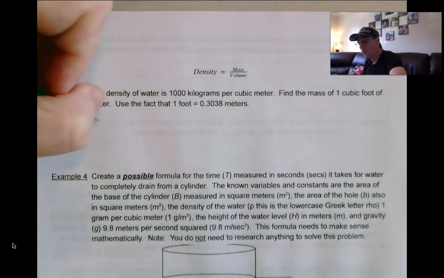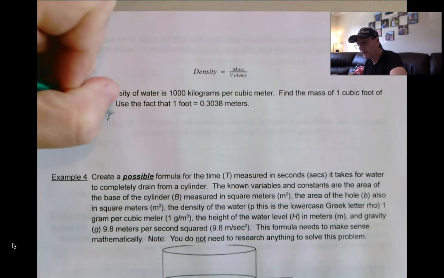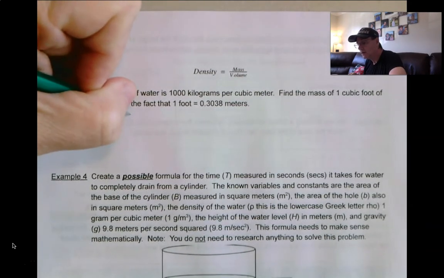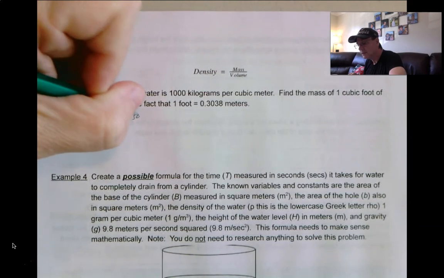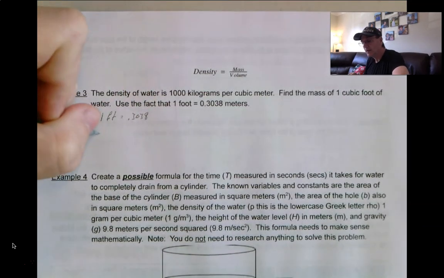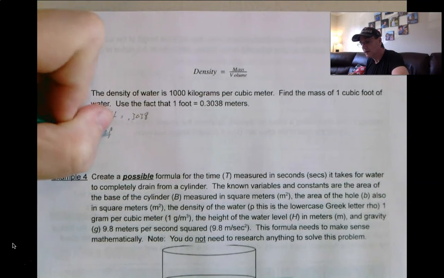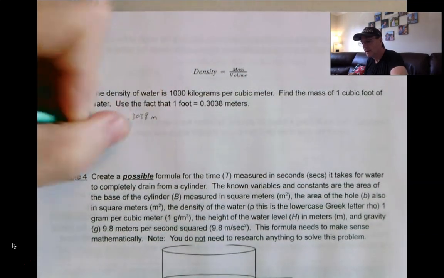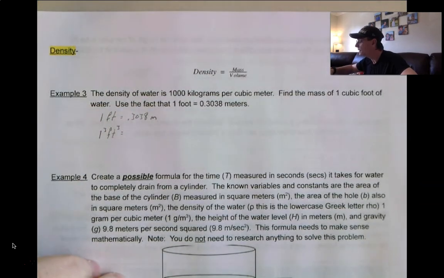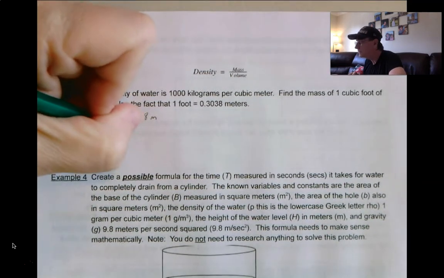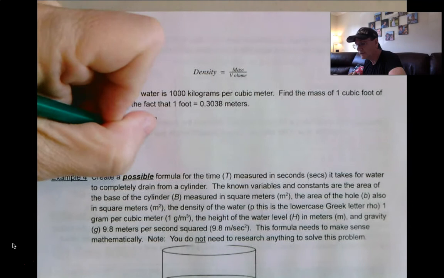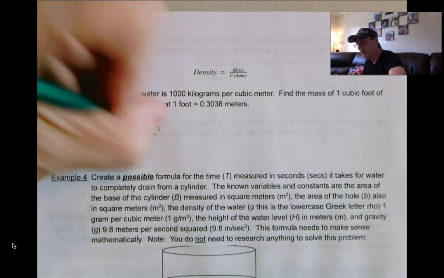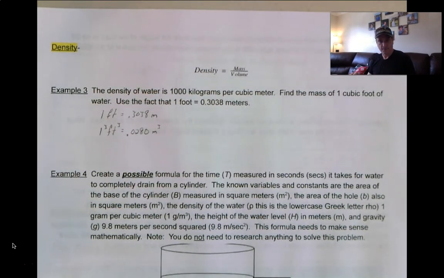So 1 foot equals 0.3038 meters. Then 1 cubic foot in meters is equal to 0.3038 cubed, 0.0280 meters cubed.